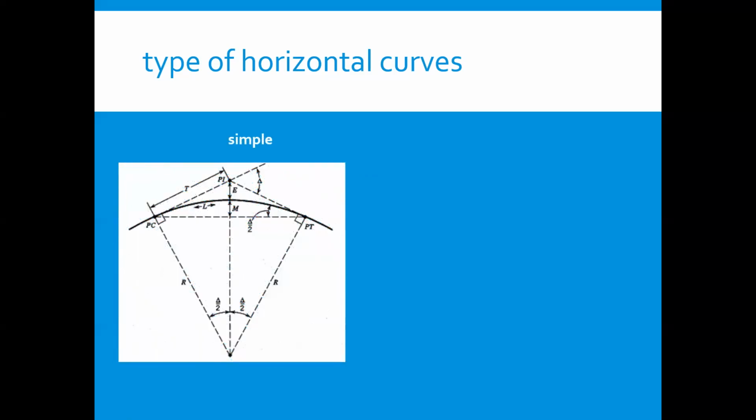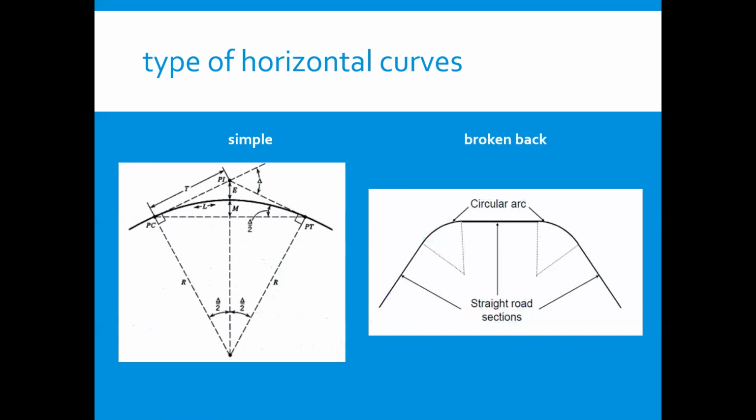There are various types of horizontal curves. Simple, well known to you. Broken back curves. They're curves that have a short straight or a large radius curve between two relatively lower radius unidirectional curves.